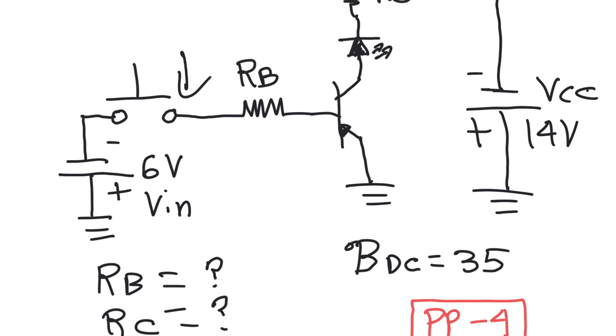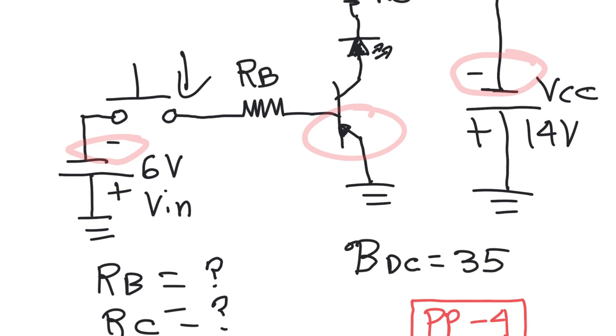Okay, hold the push button down to make the light come on. Okay, notice that this is a PNP transistor, required to correctly bias the transistor.